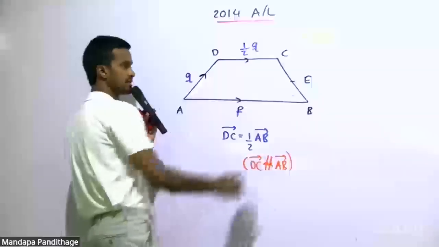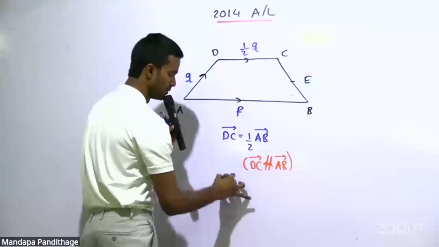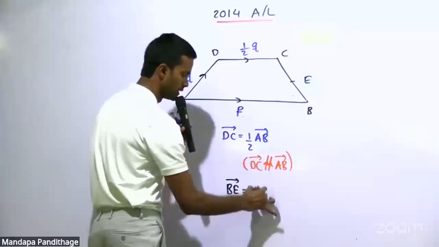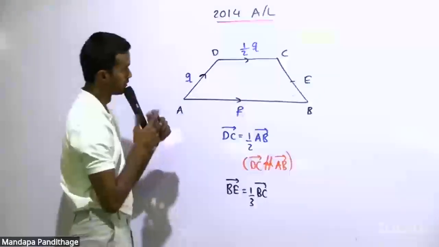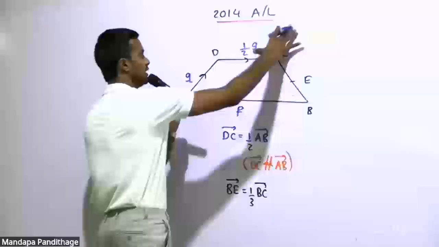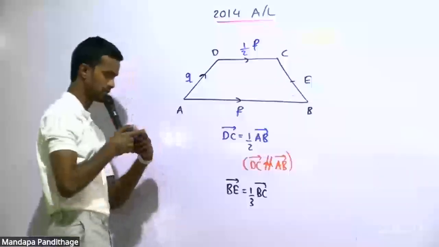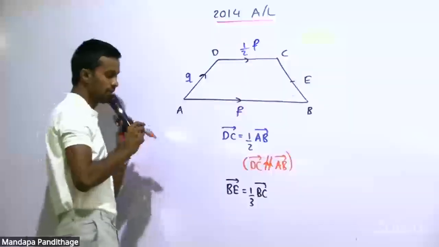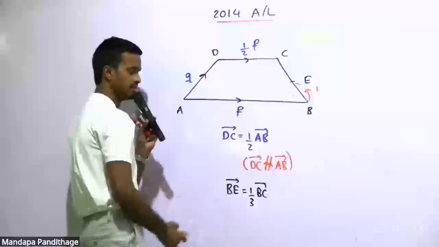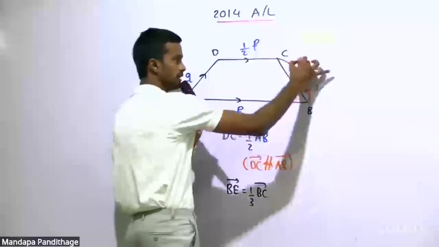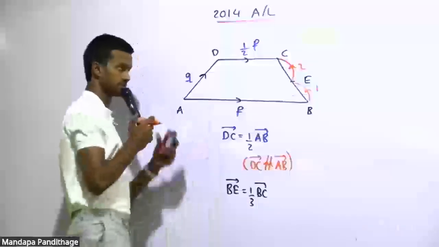Yeah, this is half P. BE is equal to 1/3 of BC, which means the ratio, if BE is 1, the entire one is 3, which means this part is 2.